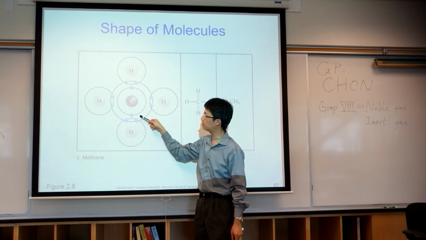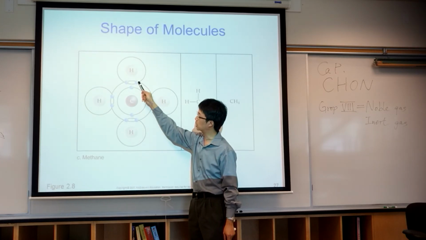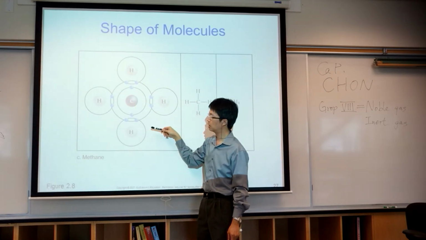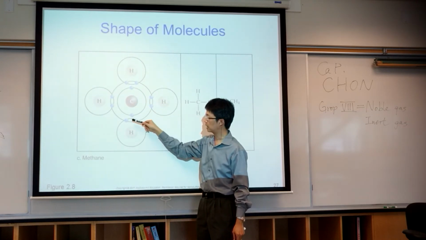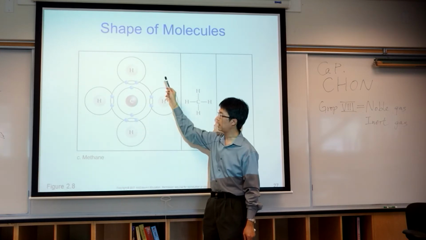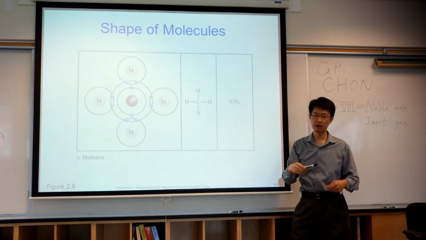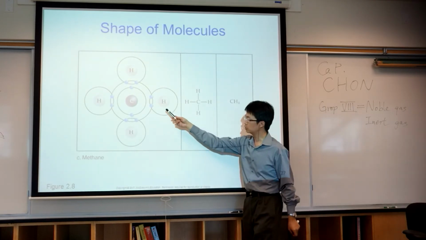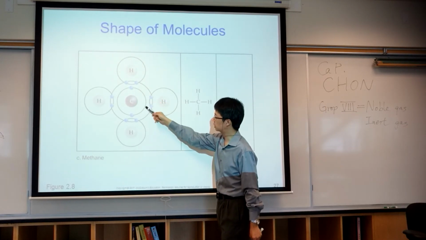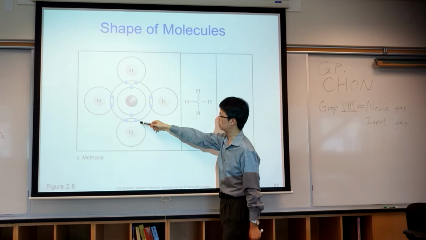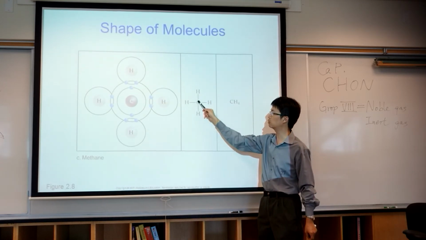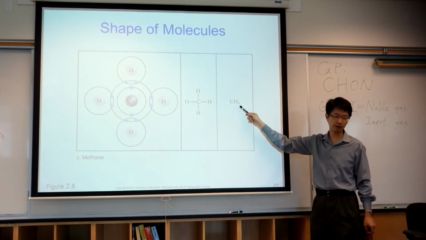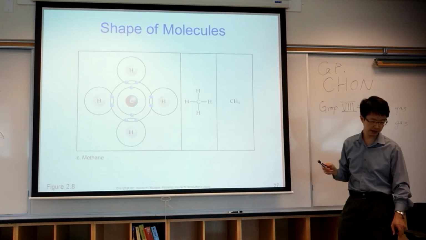So therefore carbon's outermost electron shell has 1, 2, 3, 4, 5, 6, 7, 8 electrons. Each hydrogen atom has 2 electrons. So everyone appears to fulfill the octet rule in this case. And because each pair only needs 2 electrons, it is a single bond for each hydrogen atom. And then we call it CH4. And this is the methane gas structure.